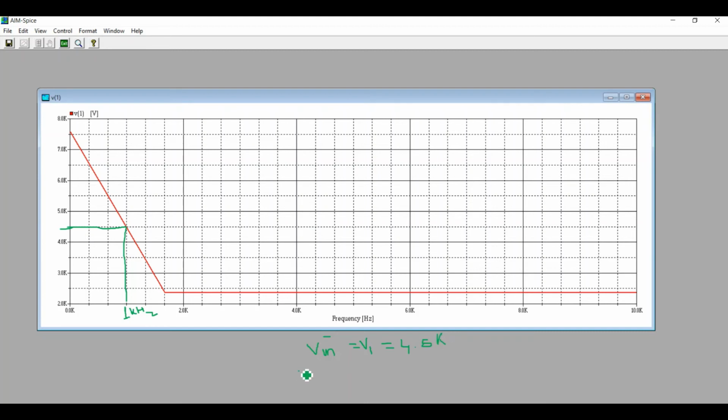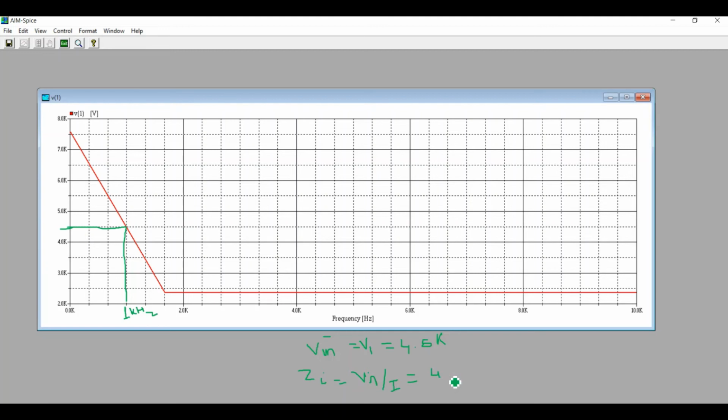Therefore, Zi is equal to Vin divided by I. We have applied a current source over here of value 1 ampere.